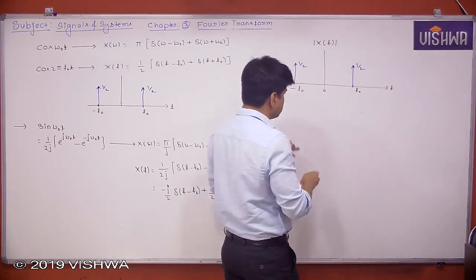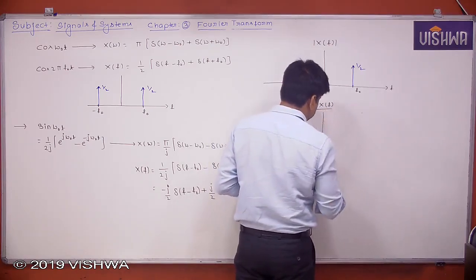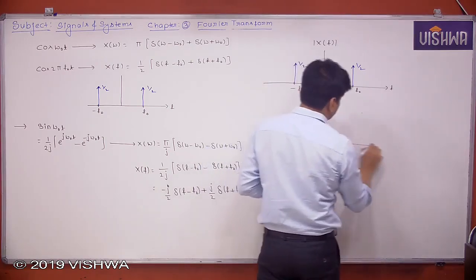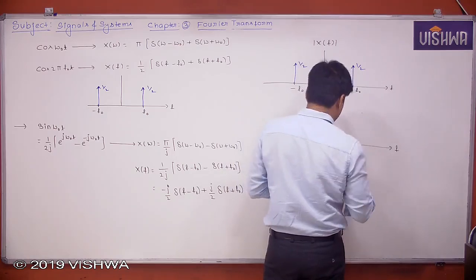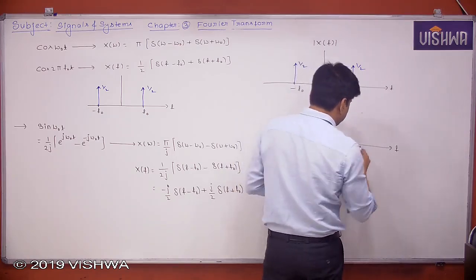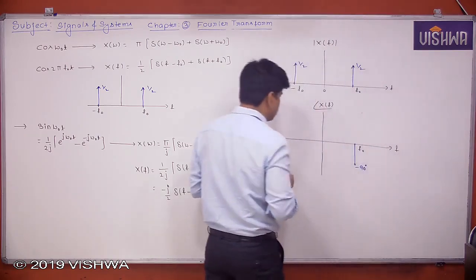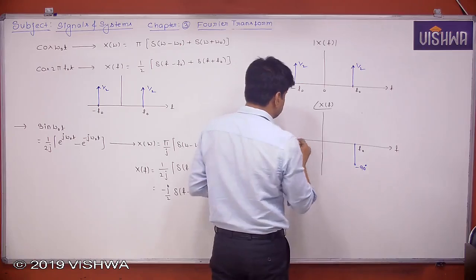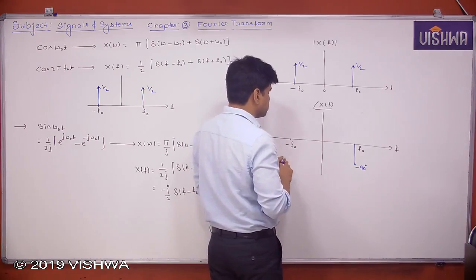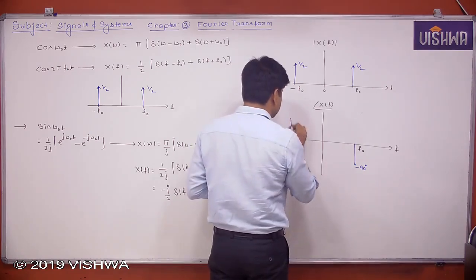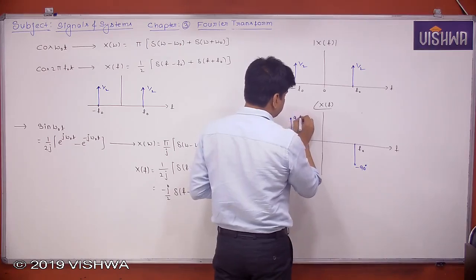But if I take angle of x of f, the phase spectrum, then at f naught we have a phase of minus 90 degrees, and at minus f naught we have a phase of plus 90 degrees. The only difference between the sine spectrum and the cos spectrum is the phase, if you observe carefully.